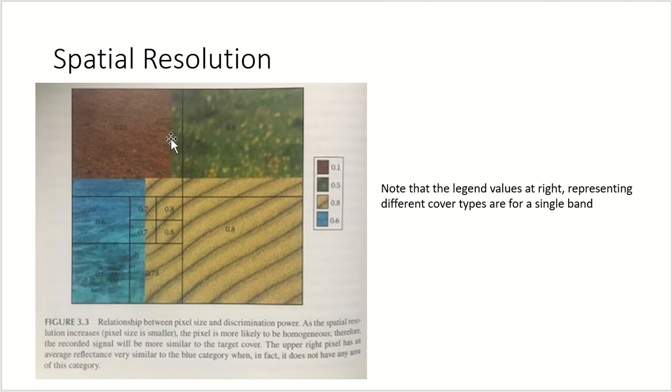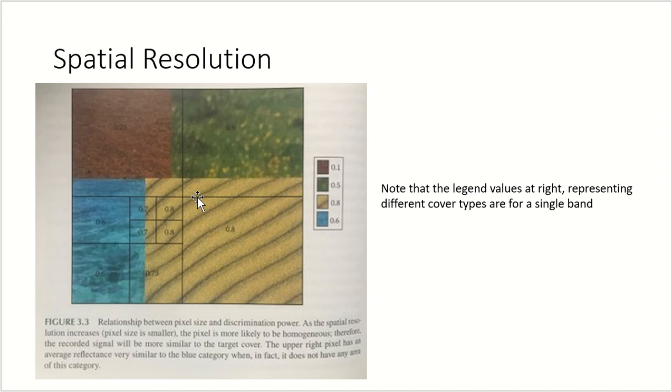So in this example, there's reddish, blue, green, yellow, that are different materials on the ground, geometrically like planned, laid out fields or something. And then overlaid above that, we have some sort of grid pattern for different pixel sizes or different spatial resolutions.